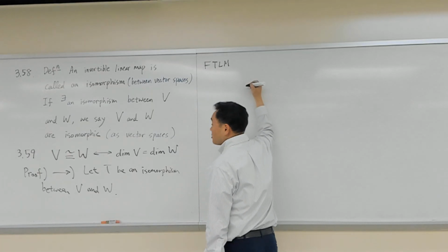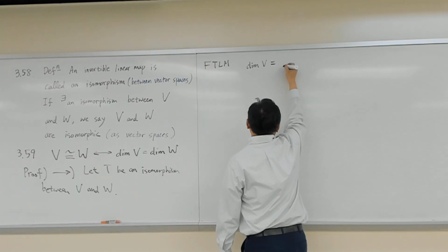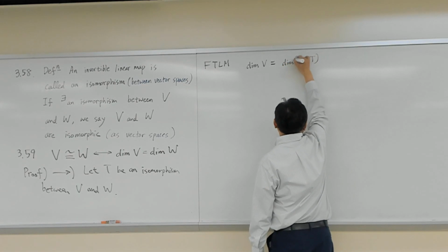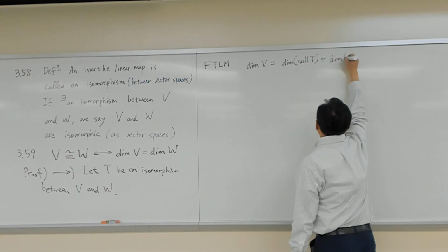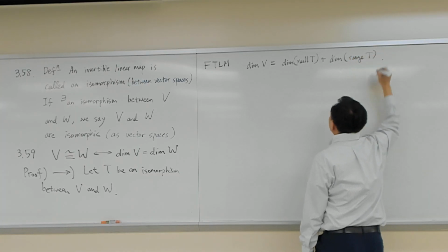So what was that theorem? It says dimension of V is equal to dimension of the null space of T plus the dimension of the range of T.